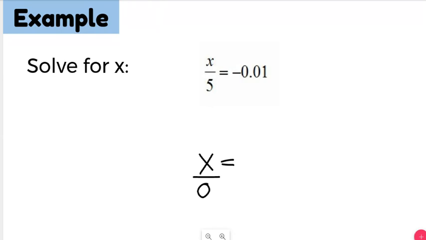That's either going to be 0 or not possible. So that's not the number I need it to become. What about a 1? x divided by 1 is x. So I know the goal is to make that 5 become 1 so that my variable becomes isolated. Okay. So again, knowing your end goal will help you figure out the best way to get there.